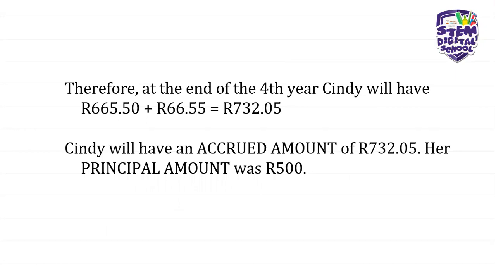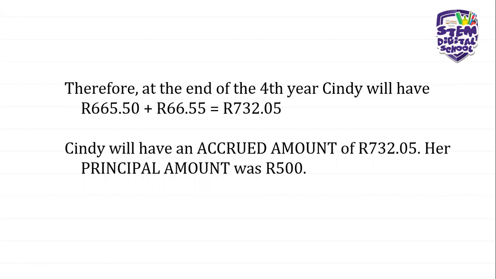So you can see that when we look at the difference between the simple interest rate as well as the compound interest, the compound interest will definitely yield better results as opposed to the simple interest.